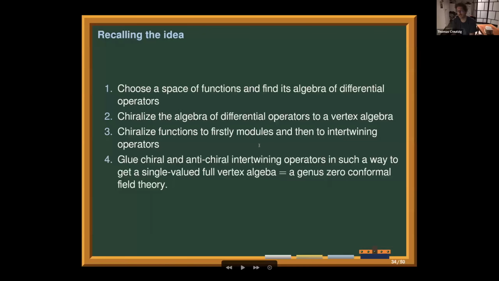From the quantum mechanical or classical perspective, the reasoning is that on functions on Lie groups, you have an action of left and right invariant vector fields. You have two copies of the Lie algebra acting. And all this could be said to be a way to define and construct a genus zero conformal field theory.